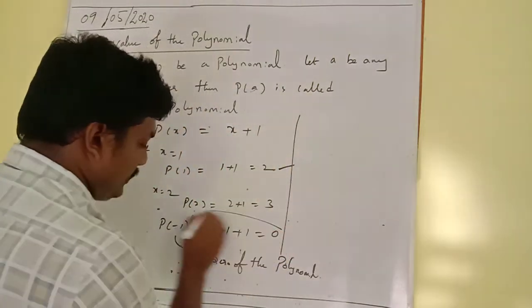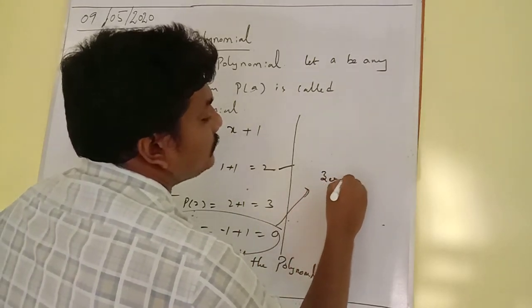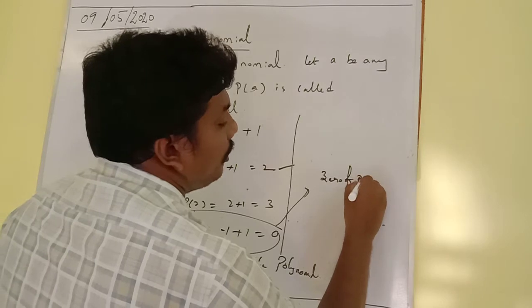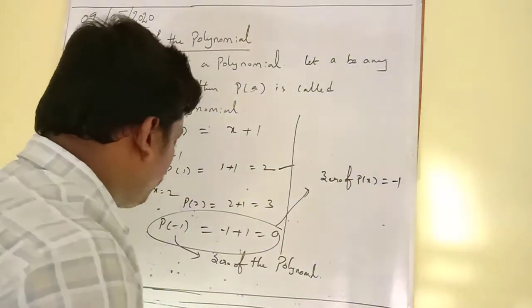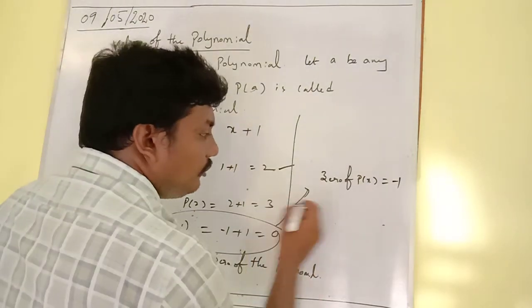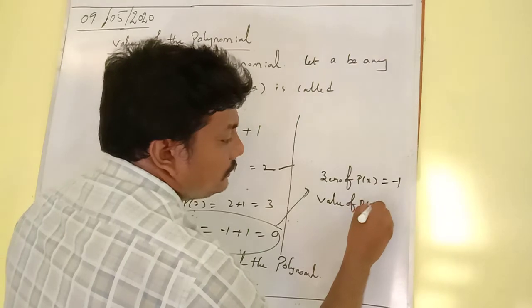Here, in this case, the zero of P of x is minus 1. The zero of the polynomial is minus 1, and the value of P of x is 0.